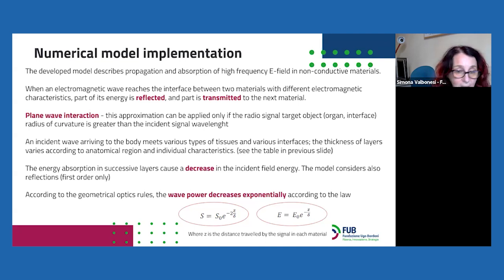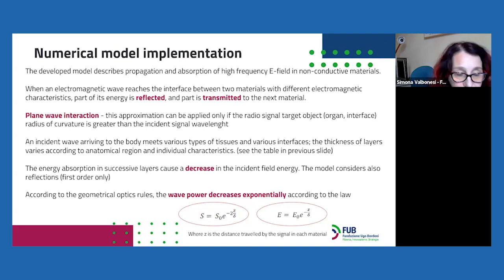The analysis has been performed considering a plane wave interaction, and before I told you that this approximation is valid when the size of the object interacting with the electromagnetic fields, like an organ or the interface between 2 organs, and in particular the relevant parameter is the curvature radius, is much greater than the wavelength of the incident fields.